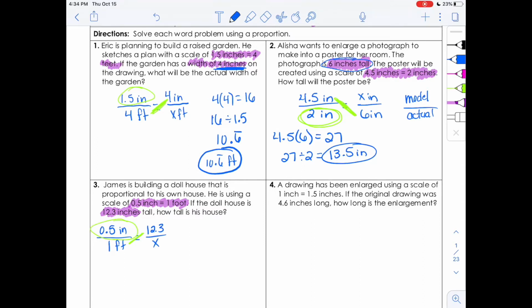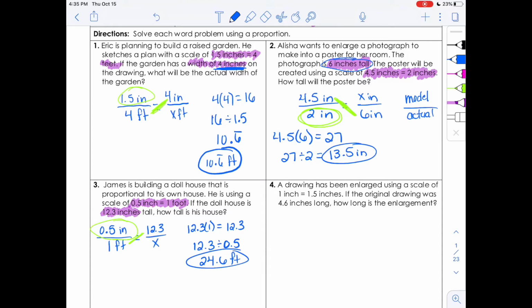So go ahead and use a calculator. 12.3 times 1 is 12.3. And then 12.3 divided by 1/2 is 24.6 feet.